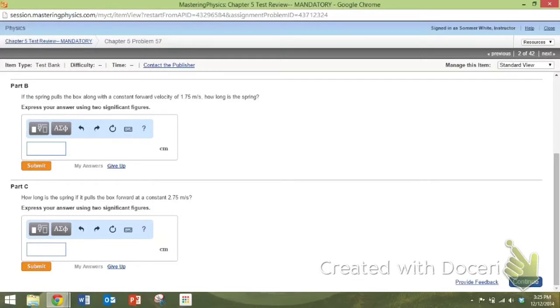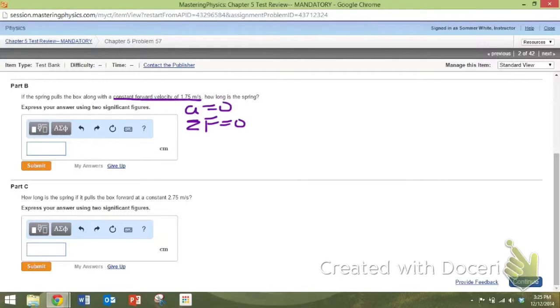So here in this situation, now we are moving. So instead of static friction, we are dealing with kinetic friction. However, we're still in equilibrium because we are working at a constant forward velocity. If our velocity is constant, then acceleration is equal to 0. That means our net force is also equal to 0. So none of our equations have changed.